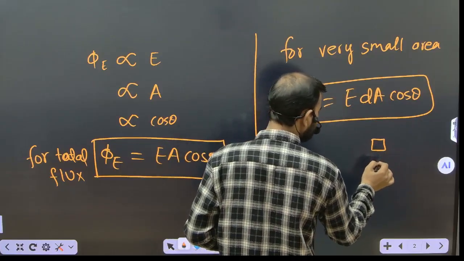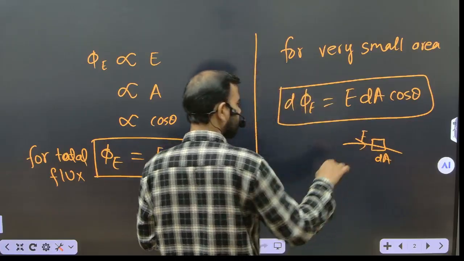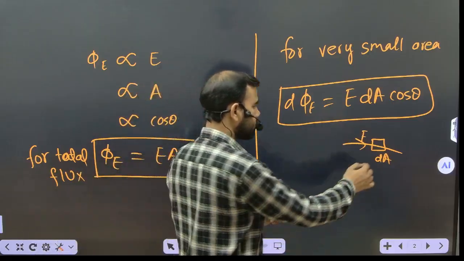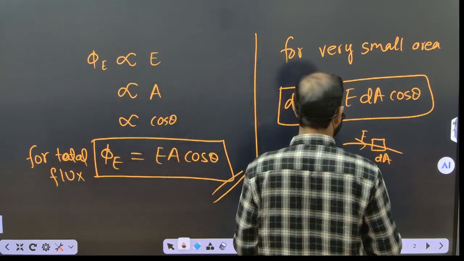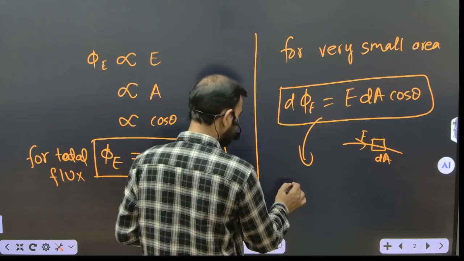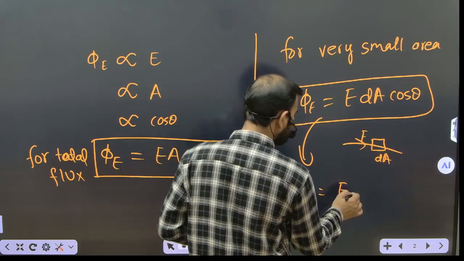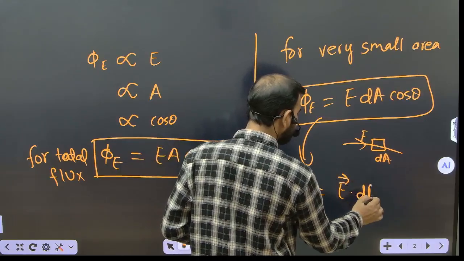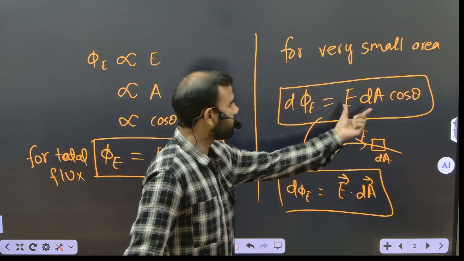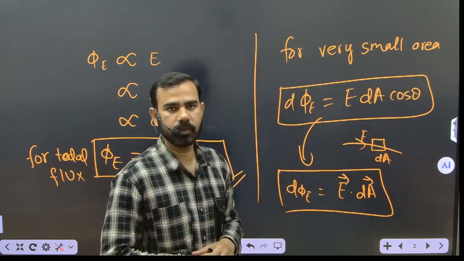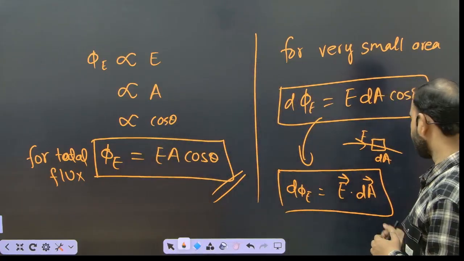This one is dA and here it is E, so we will get the electric flux like this. dA is a very small area or area element, and in vector form we can write d phi E equal to E vector dot dA vector, and the dot product of these two quantities gives us the electric flux, basically E dot A.